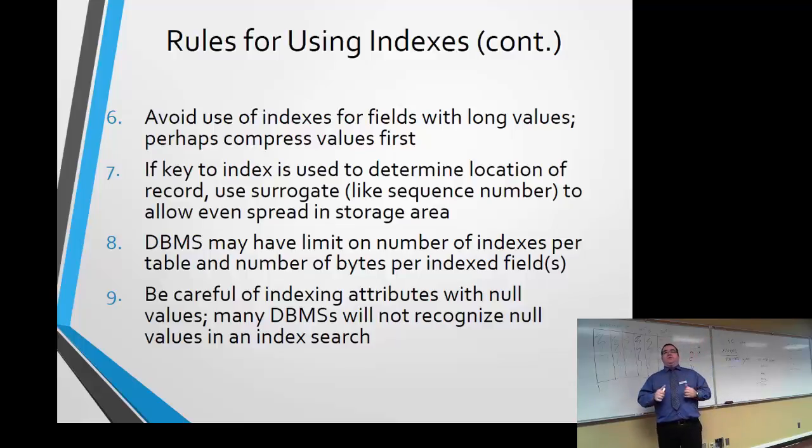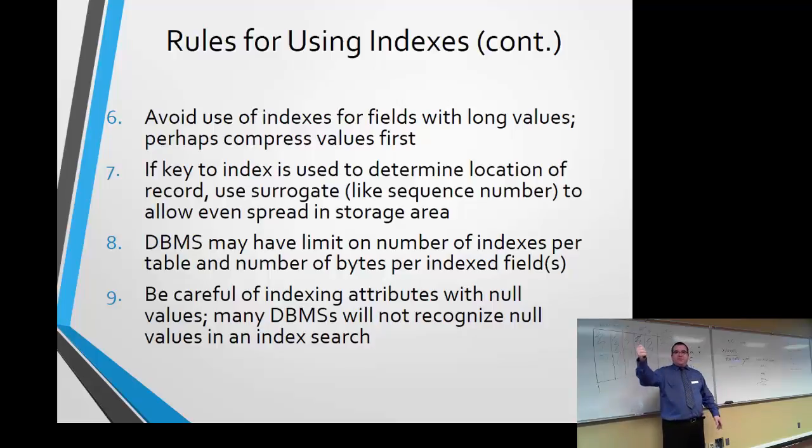Avoid indexes for fields with long values. Let's just say a name isn't a long value, but if you get a field that has this atrociously long value, you don't want to index it. You probably want to hash it somehow first. If the key is used to figure out where a record is, use something else, like a sequence number.